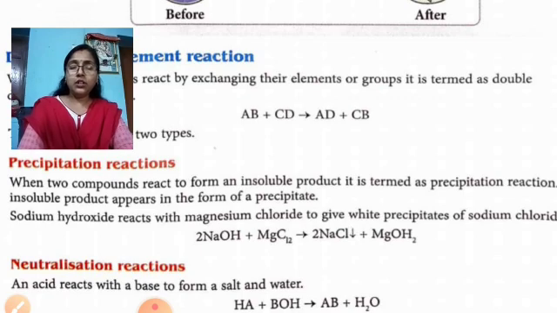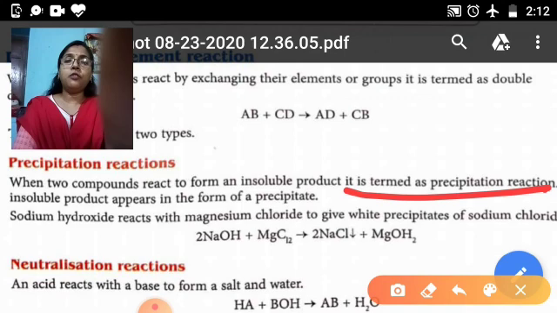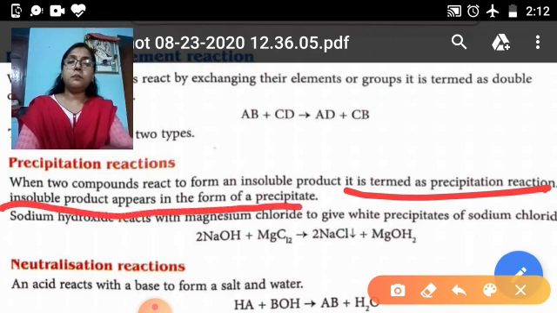For example, a solution of barium chloride when mixed with sodium sulfate will form barium sulfate plus NaCl. So in that case, the barium sulfate will form as a precipitate. So when two compounds react to form an insoluble product, which appears in the form of precipitate, it is termed as precipitation reaction.